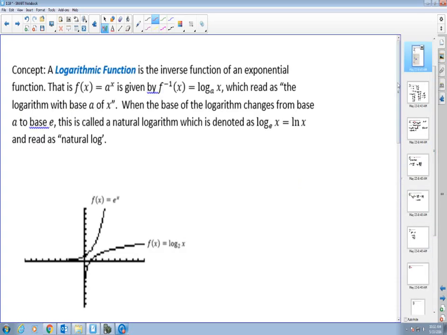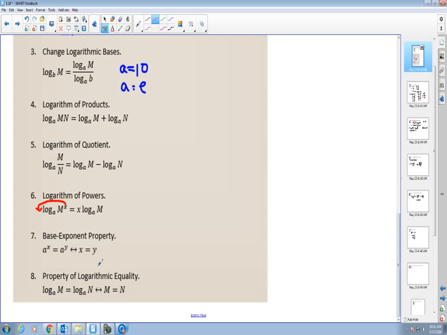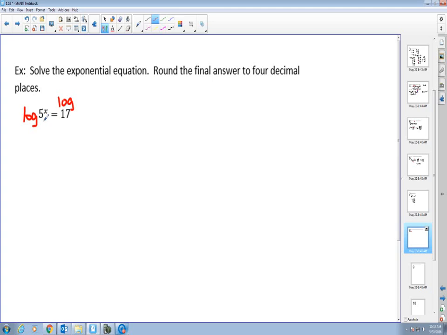Because of the property called the log of powers, if I take a log on both sides, the exponent will end up coming down to the front. And that's exactly what I wanted, to bring my variable x to the front. So now I will end up with x times log of 5 set equal to log of 17. That's the reason why I take a log.